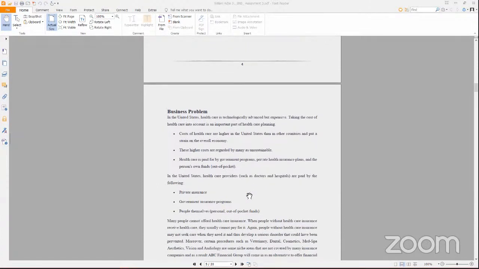Healthcare in the US is expensive and not many people can afford it. Many people can't afford private healthcare insurance either. Procedures such as vet, dental, med spa, and vision are niche areas that many insurance companies did not cover.